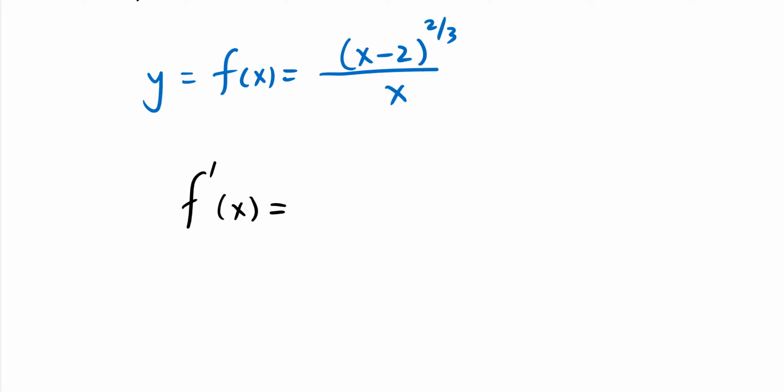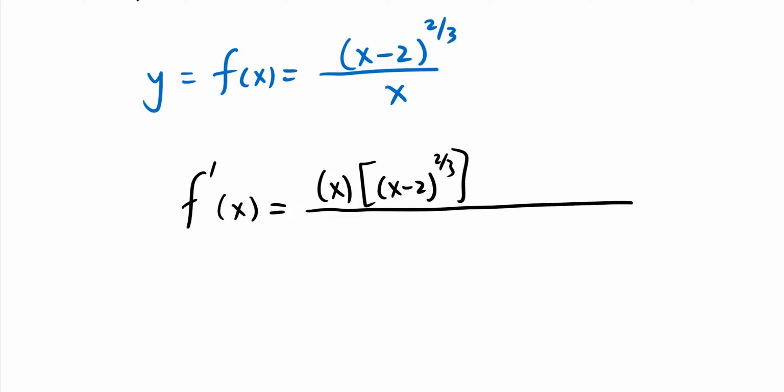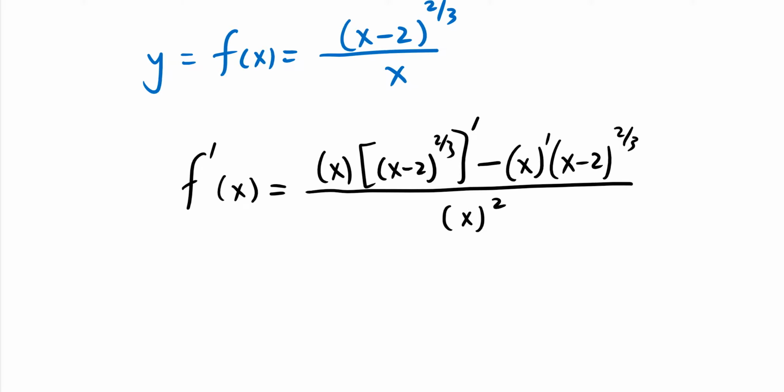Either you can use the quotient rule, or you can bring the x up and use the product rule. Either one would be fine. So let's use the quotient rule. The quotient rule again says this times the derivative of the other one minus the derivative of the denominator times the second one, over the denominator squared.